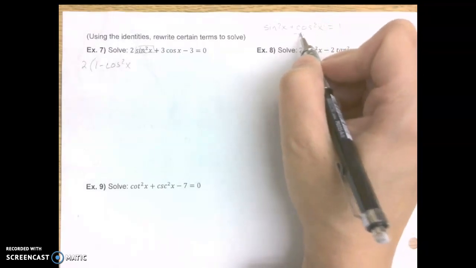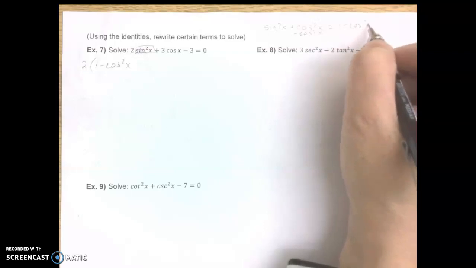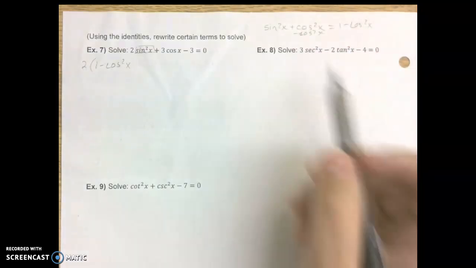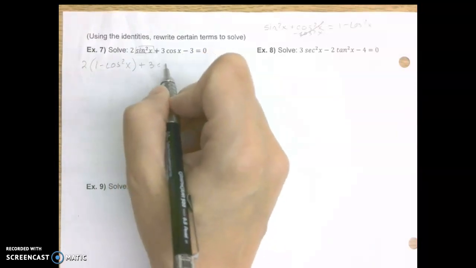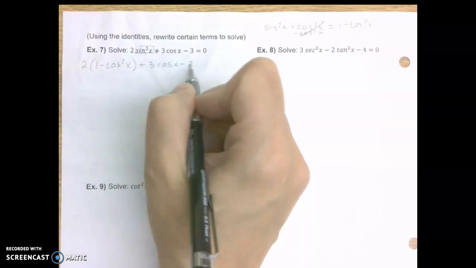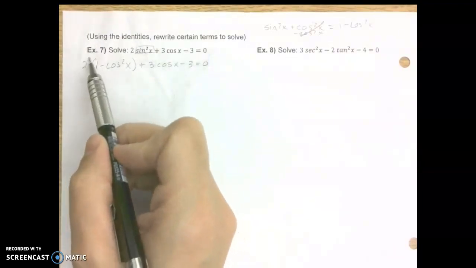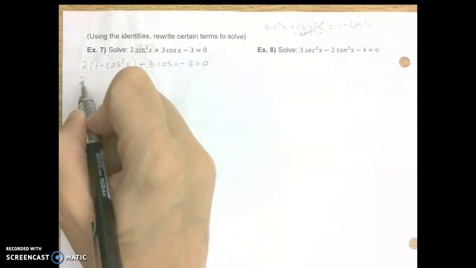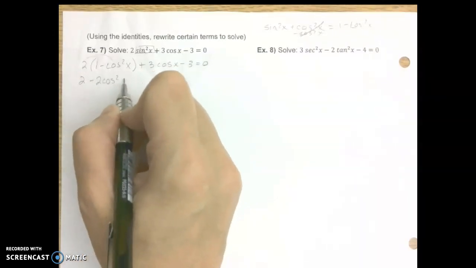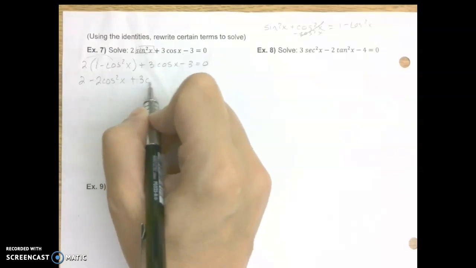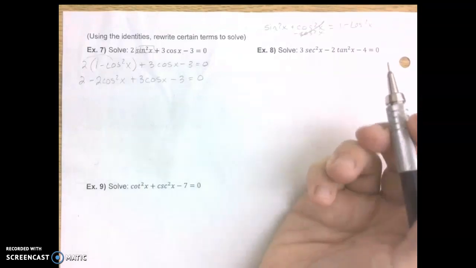If I subtract cosine squared x, then I have 2 times the quantity 1 minus cosine squared x plus 3 cosine x minus 3 equals 0. I can't forget to distribute this 2. So this is 2 minus 2 cosine squared x plus 3 cosine x minus 3 equals 0.